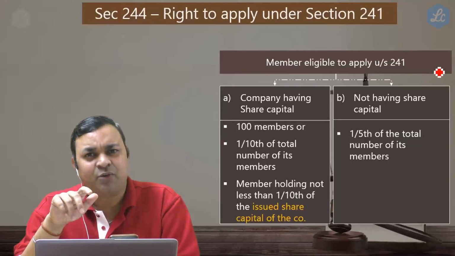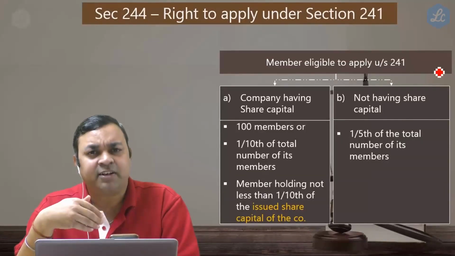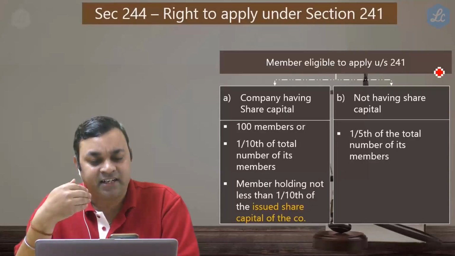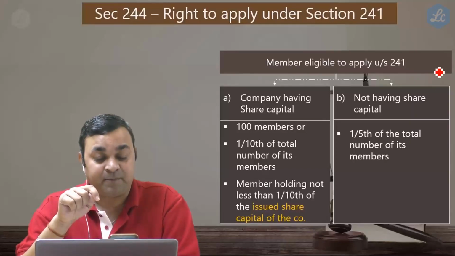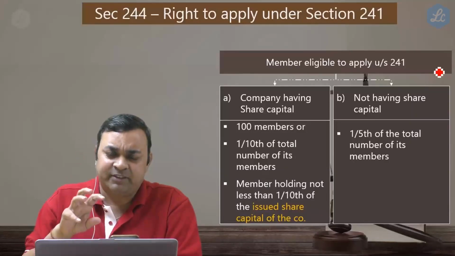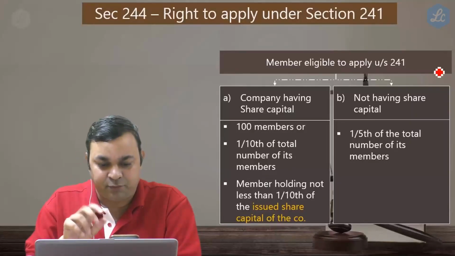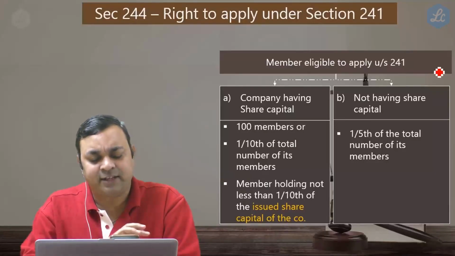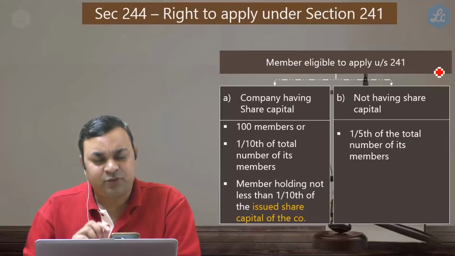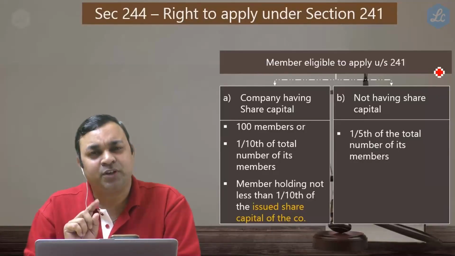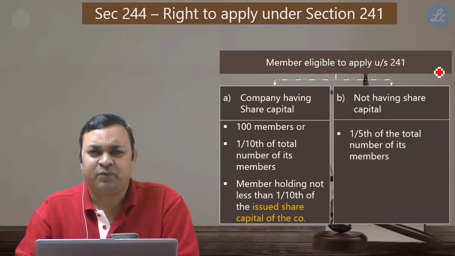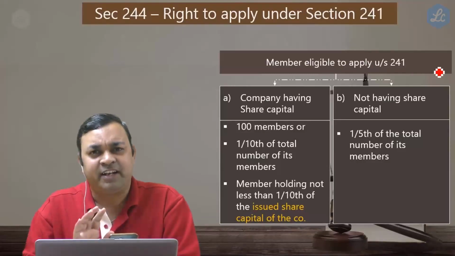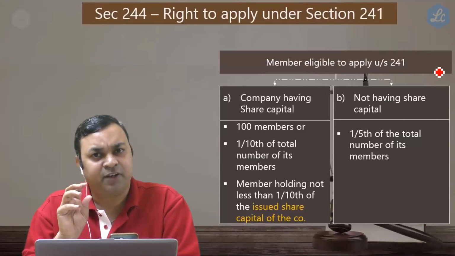So, regarding the counting of members, like how many members are entitled to make an application under Section 241, that number is specified under Section 244. Suppose, for example, 100 members. Does those 100 members include only equity shares or preference shares, this is my question. You need not apply your mind, you just need to remember that word member.